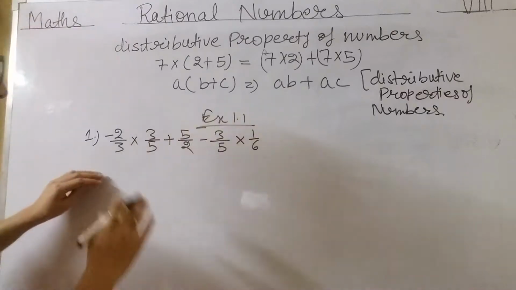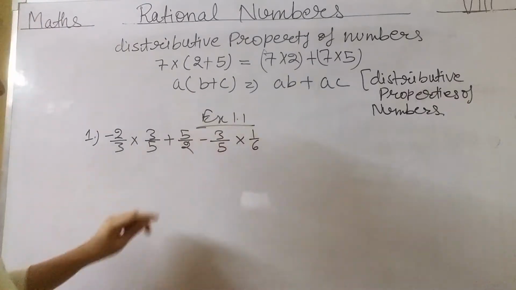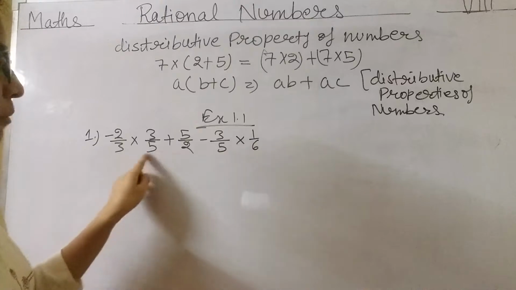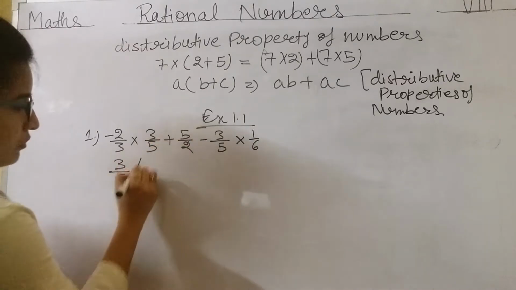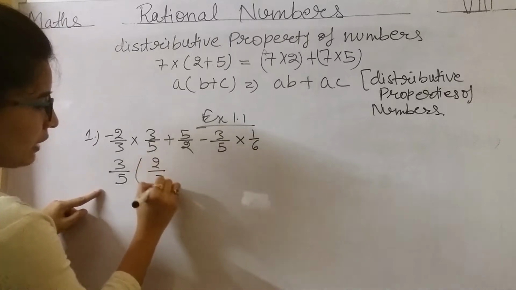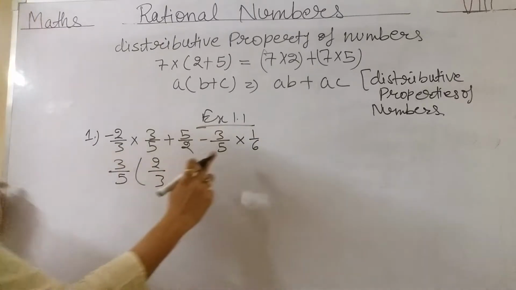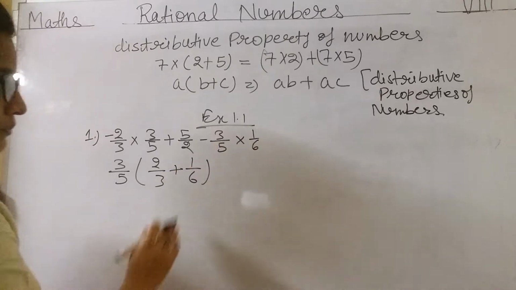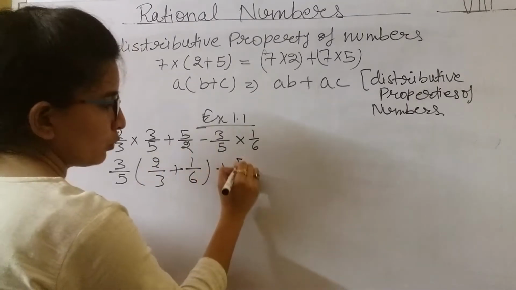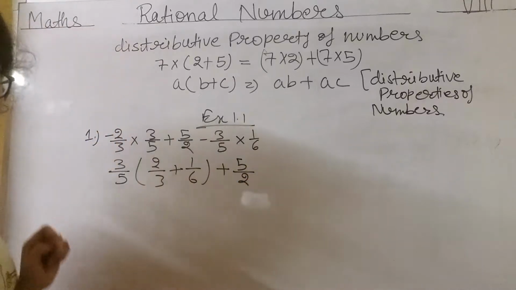Now in this equation we see that 3 upon 5 is common in these two terms, so we can write 3 upon 5, and inside the bracket we can write 2 upon 3 from here and plus 1 upon 6 from here, and the remaining 5 upon 2 I can take here.